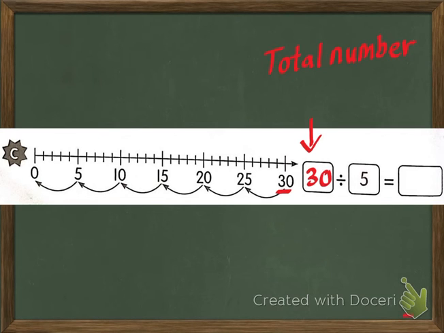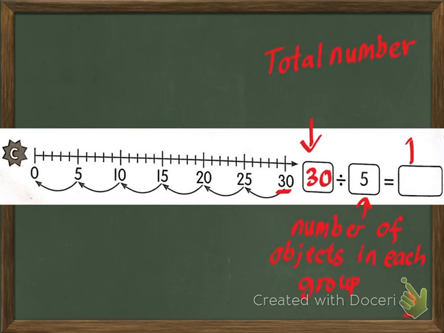Right? So how many divided by 5? This is the number of objects in each group. Okay, the number of objects in each group for this question is 5.